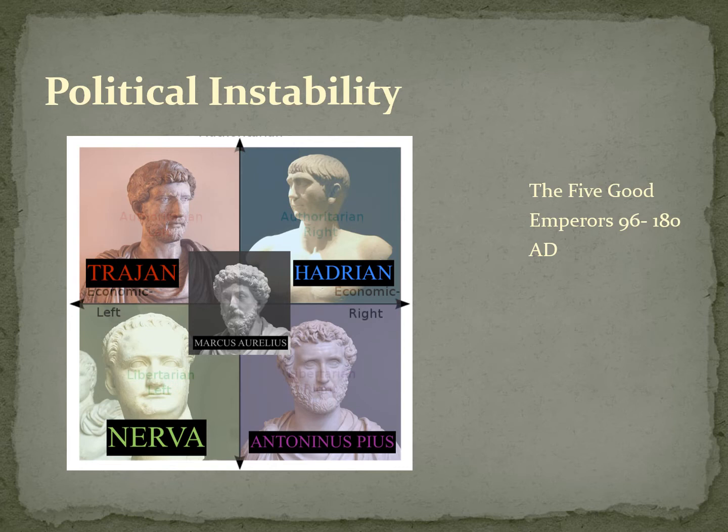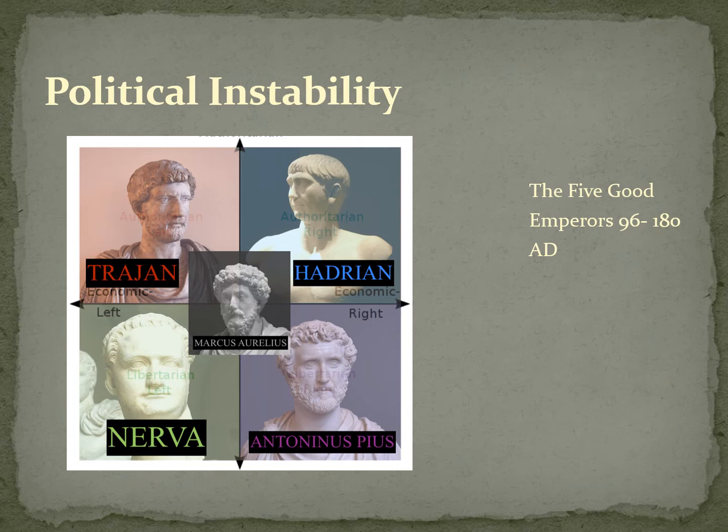So they weren't authoritarians for the most part. They wanted the Senate there. They felt that the Senate gave their administrations a veneer of legitimacy. Rome had this tradition of being a republic, and as long as the Senate was there and condoning their behavior, things looked good.